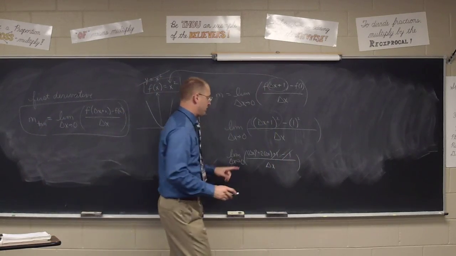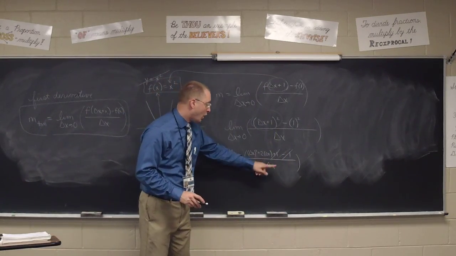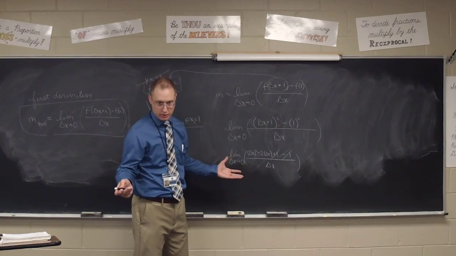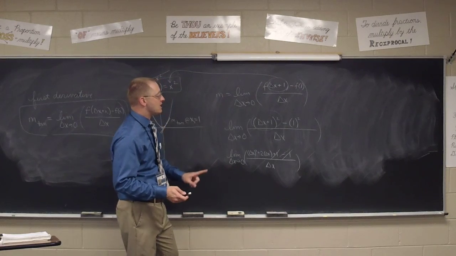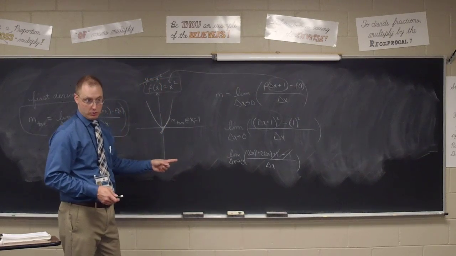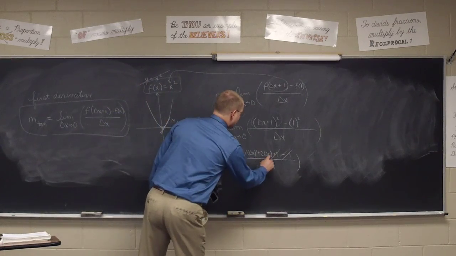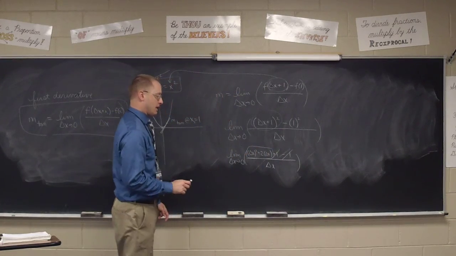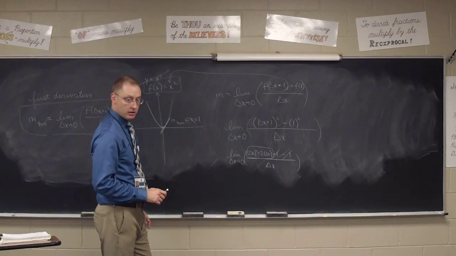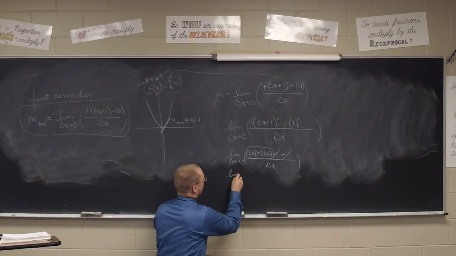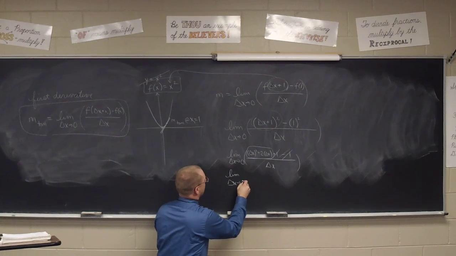So all I'm left with is a delta x squared plus 2 delta x over delta x, but I'm not allowed to plug the 0 because you can't have a 0 denominator. What was the key to simplifying a fraction in a limit situation? Factor. Since all that's left is this little piece here, how would I factor that? Delta x and delta x plus 2.